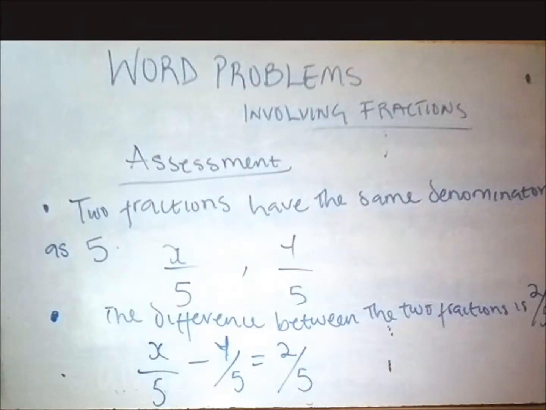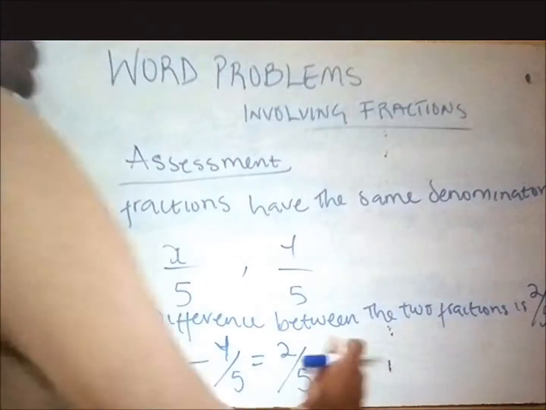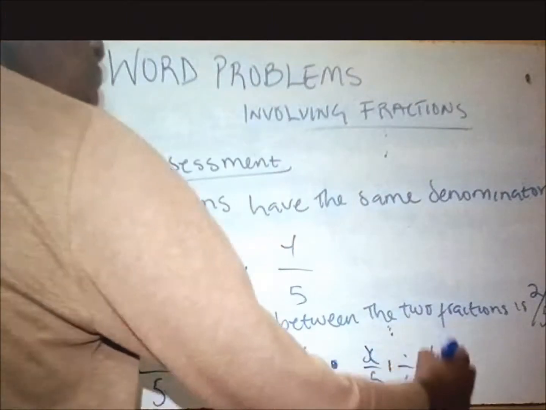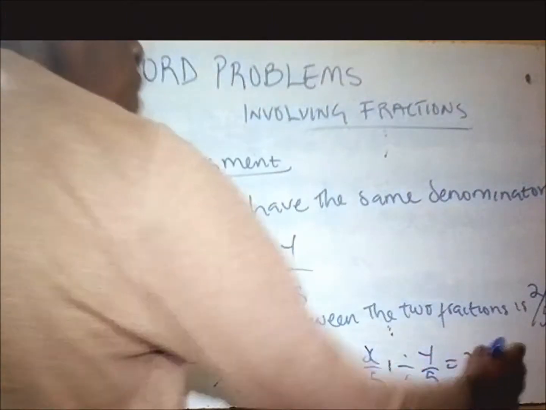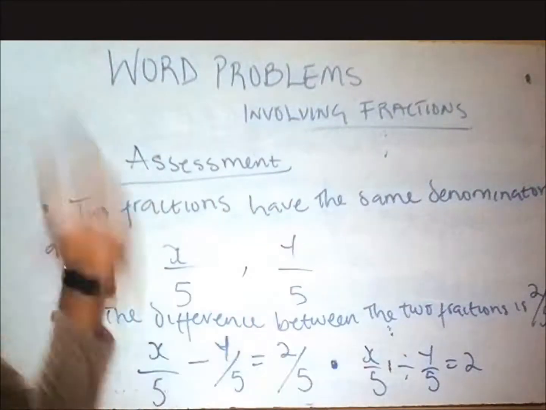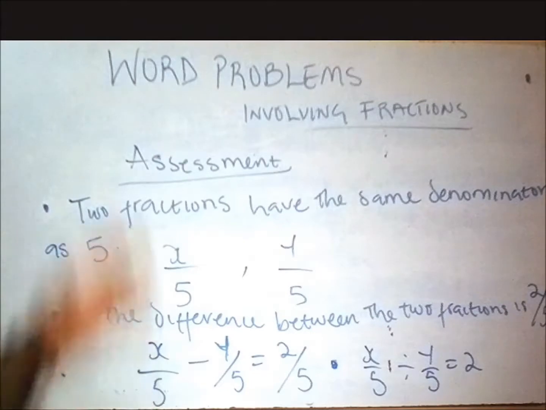So if I should put that next point here, it means that x over 5 divided by y over 5 is equal to 2. I have limited space, so I just put it here. So you understand that this is the first point, second point, and the third point. So the first point is the two fractions have the same denominator as 5, so we don't know the numerator, we only know the denominator, so we assume the numerator is x and y.